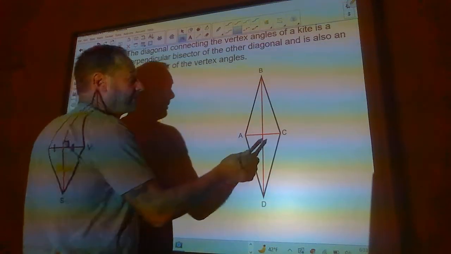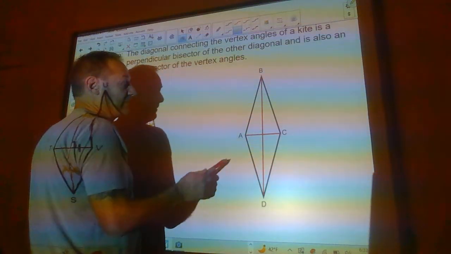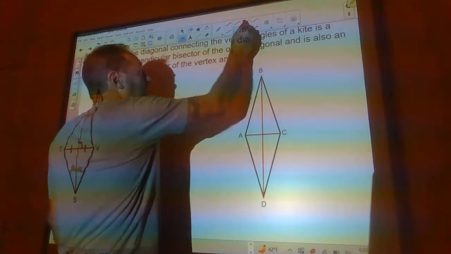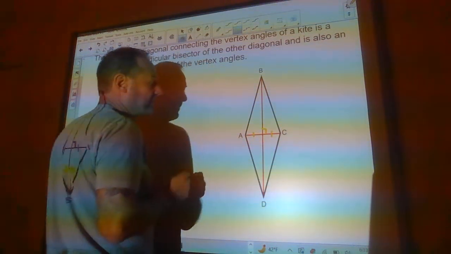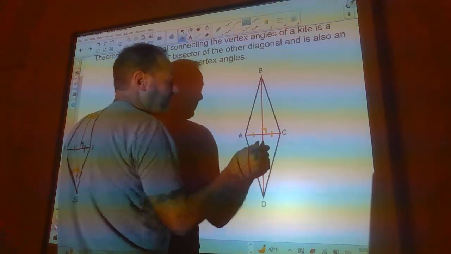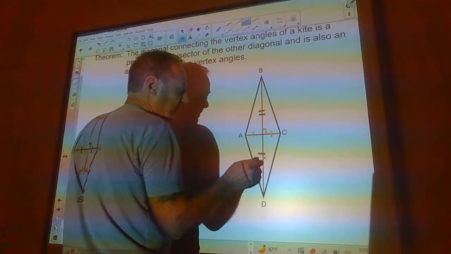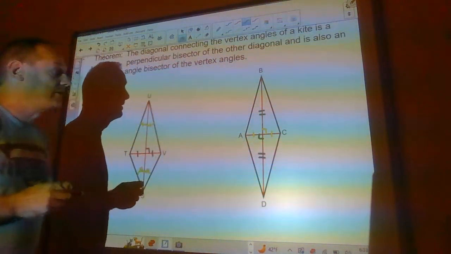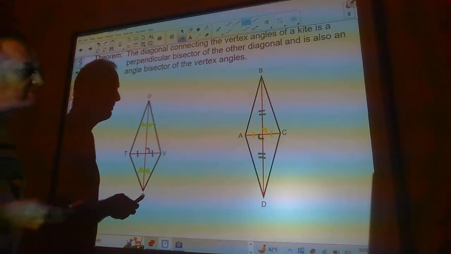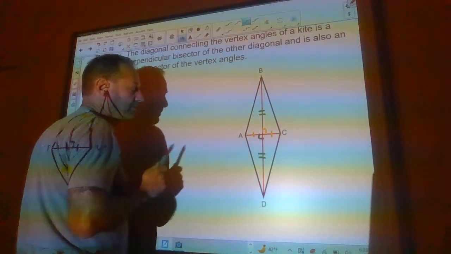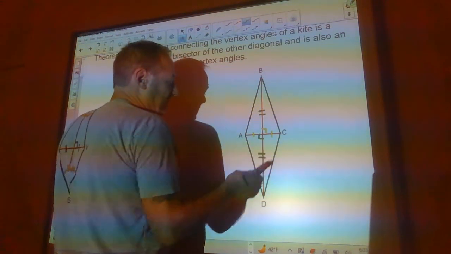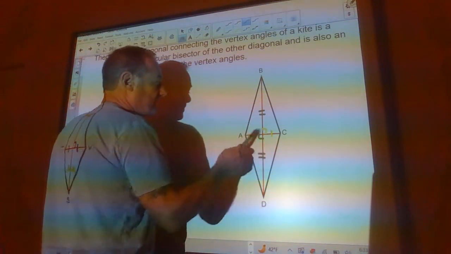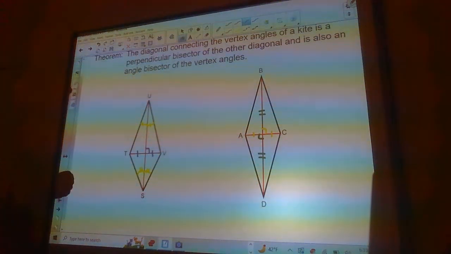Now, a rhombus is just a special kite where all four sides are equal. So that's going to be true over here, too. This is going to be the perpendicular bisector of that, and it's also going to be the perpendicular bisector of this. Because with a rhombus, since all four sides are equal, either set of angles, either these two or these two, could be the vertex angles.